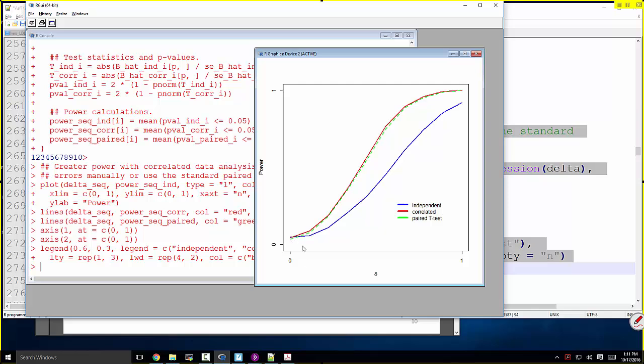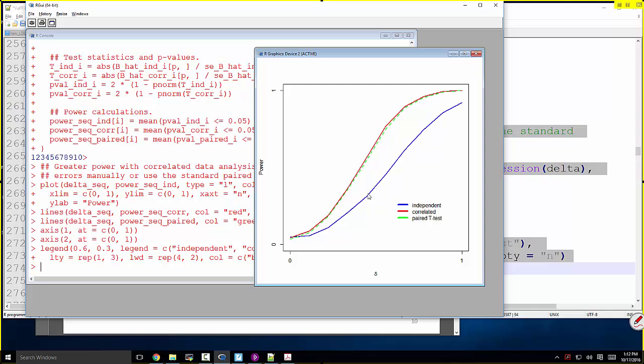The difference between these curves comes as delta gets bigger, and in particular, the correlated data analysis, an analysis that accounts for the correlation, and I have two of them here, the red and the green dashed curves, have greater power than a two-sample t-test.